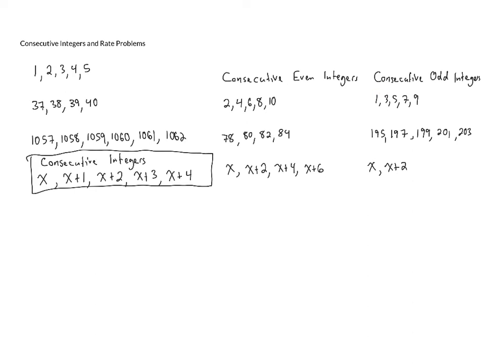The same is true to get from 195 to 197, we have to add 2. So consecutive odd integers are going to work in the same exact way as consecutive even integers. x plus 2, x plus 4, x plus 6, etc. This is if we have even or odd consecutive integers.